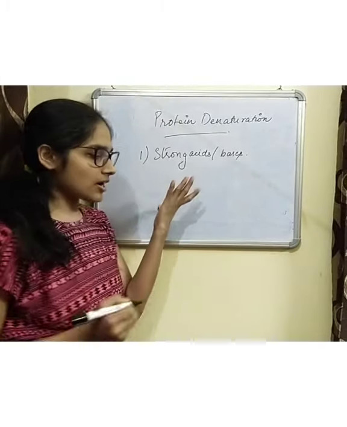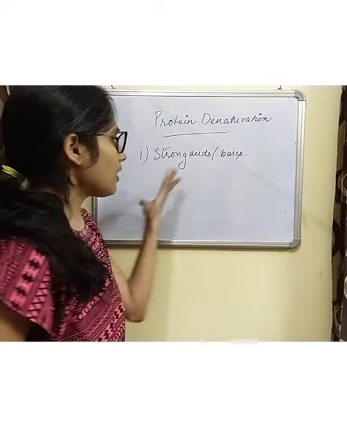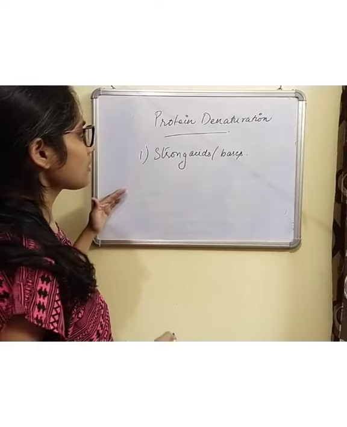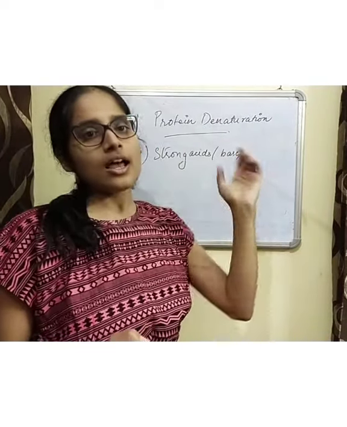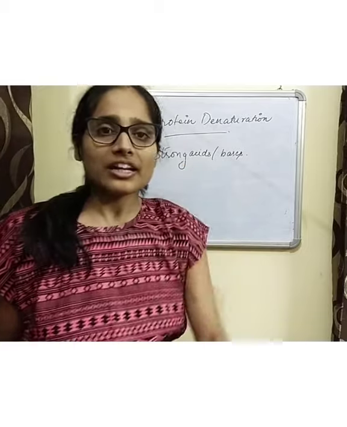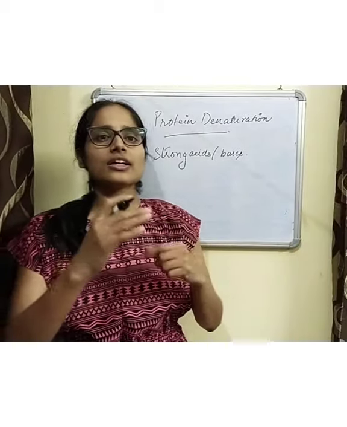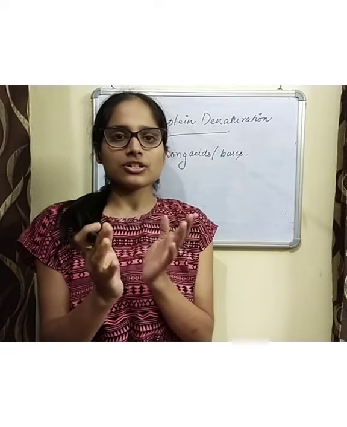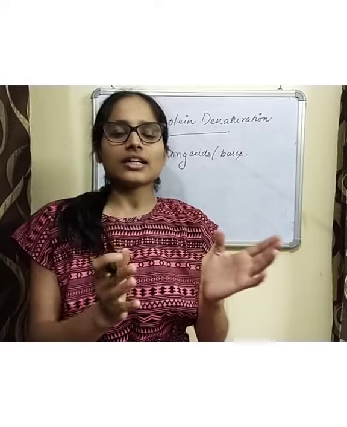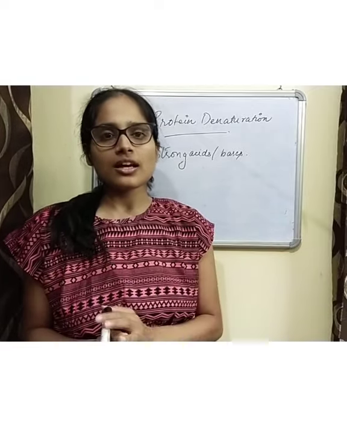So how do these strong acids and bases, okay, so before discussing the factors or denaturing agents, the other thing is, depending upon the extent of denaturation, or depending on the extent up to which the three-dimensional conformation is lost, the activity or the function is lost.